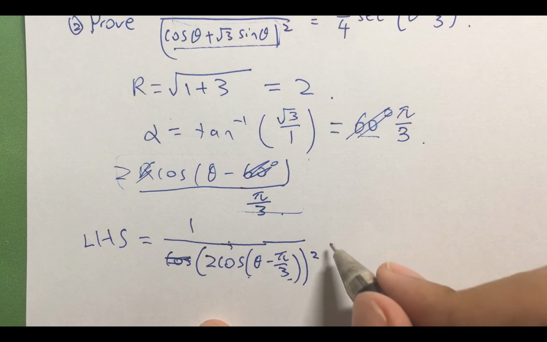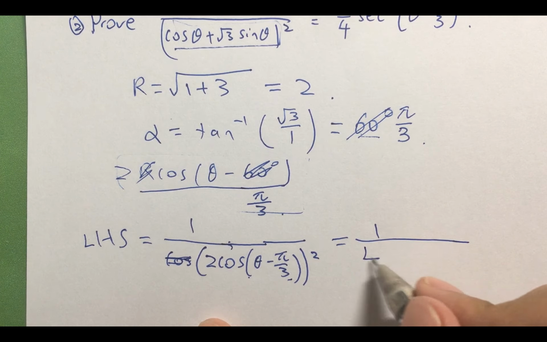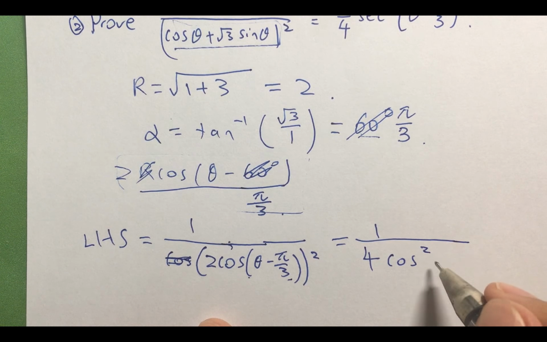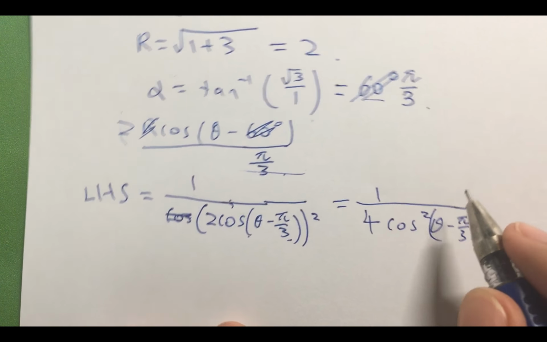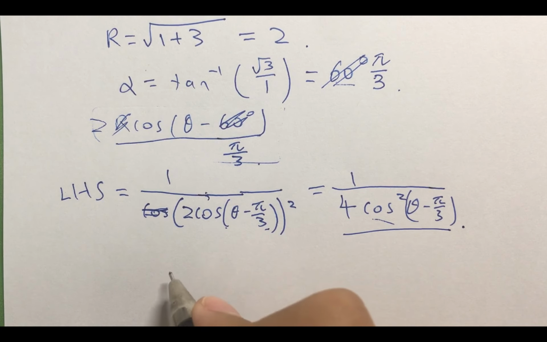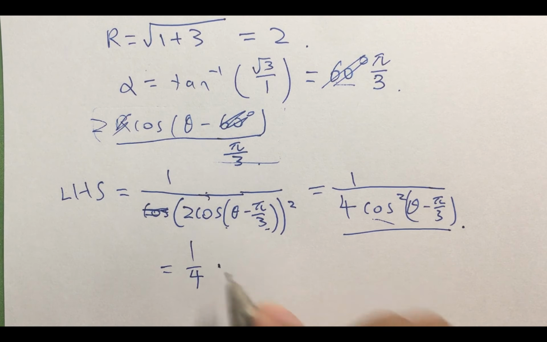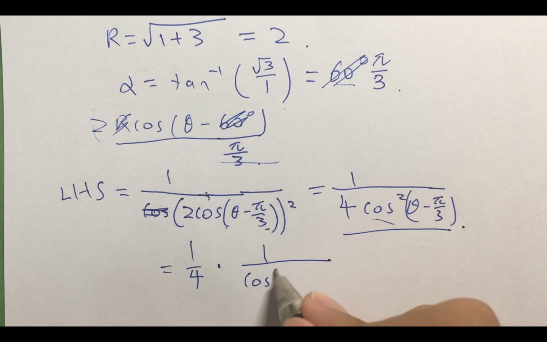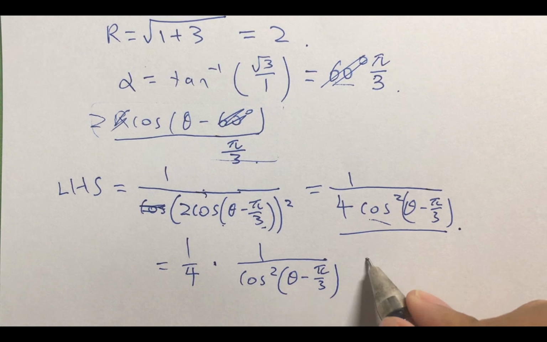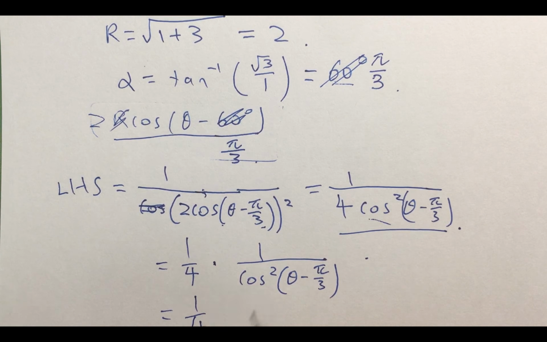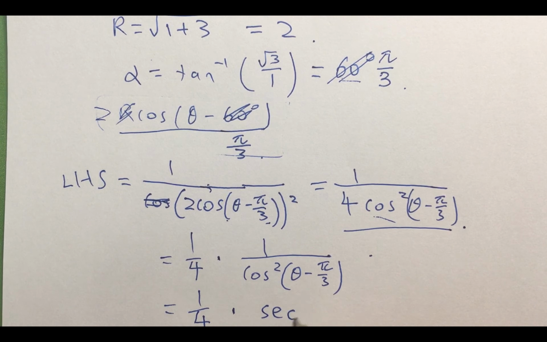And let's simplify this, which becomes 1 over 4 cosine squared theta minus pi over 3. And this is equal to 1 over 4 times 1 over cosine squared theta minus pi over 3, which is equal to 1 over 4 times secant squared theta minus pi over 3.